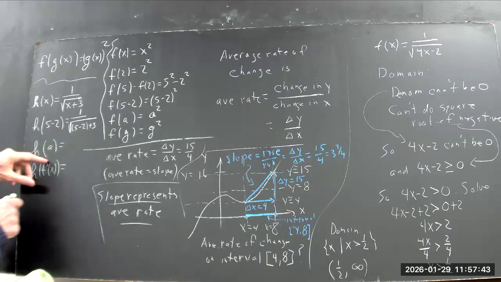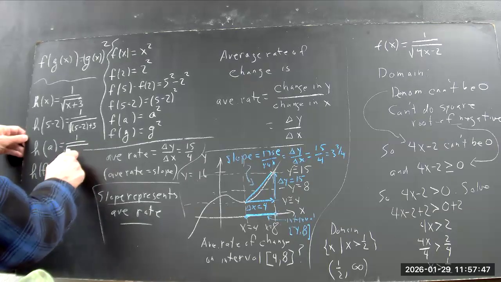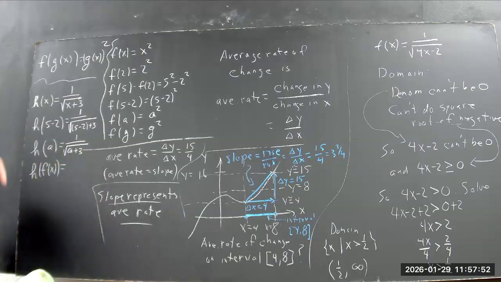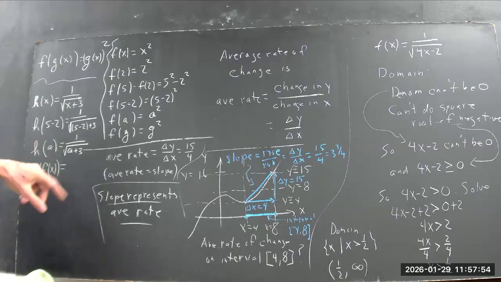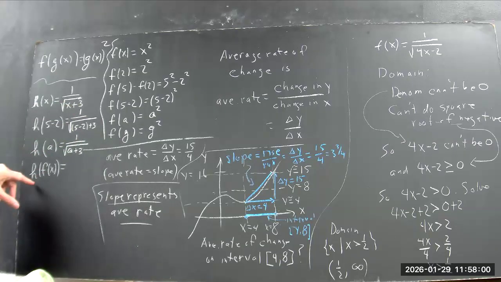Okay, h of a. And now we've got little abstracts. We've got a letter here. But you got that one. It's a plus 3, because if you replace x here by a, you're going to get a plus 3. Now, you've got h of f of x.